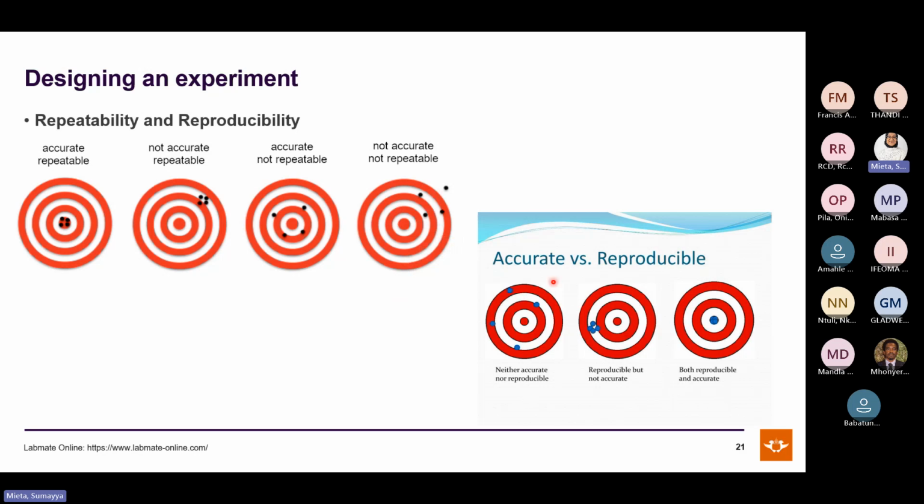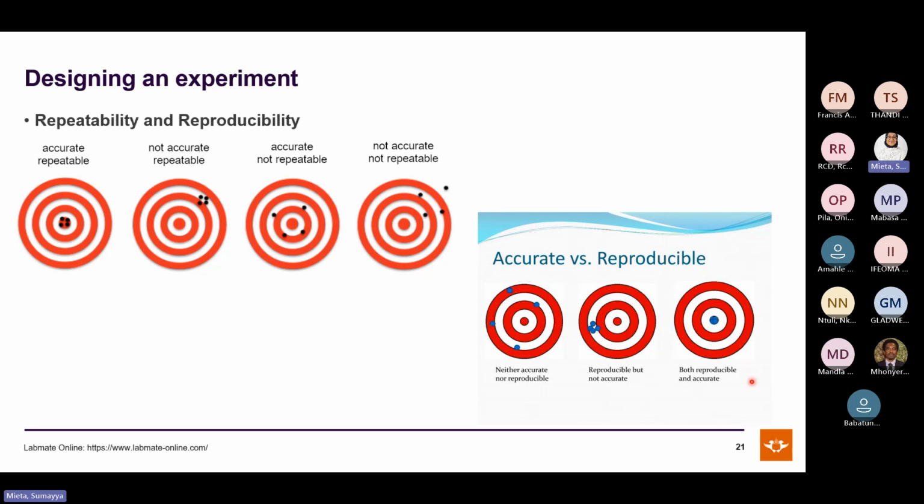Okay. Then we have accurate versus reproducible. In this one, in the first picture, it's not accurate and it's not reproducible, because you can see there are completely varying results. Okay. Then this one is reproducible, but it's not accurate, in that if you use different pieces of equipment, you got a similar result, but it was a similar incorrect result, all the times that you did it.